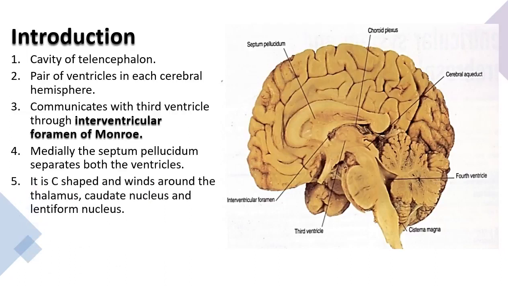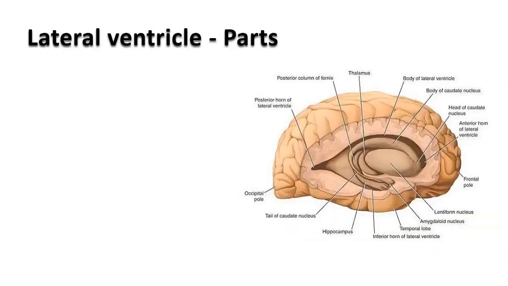So roughly it is C-shaped, and it has got parts. Mainly this is the central part with its extensions. One which extends into the frontal lobe is called the anterior horn. The extensions are called horns, the anterior horn, and the one extending into the posterior lobe is the posterior horn.